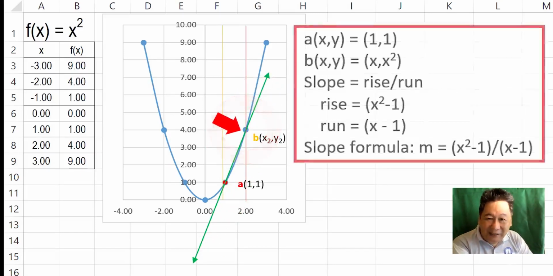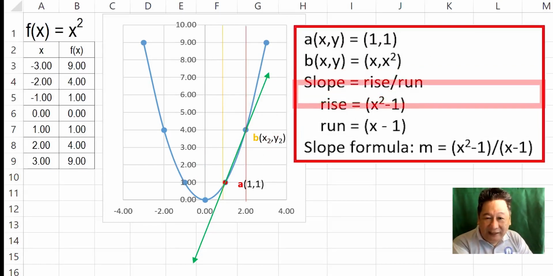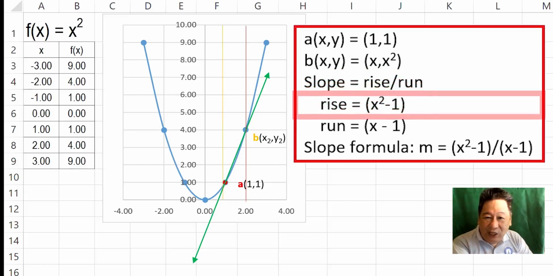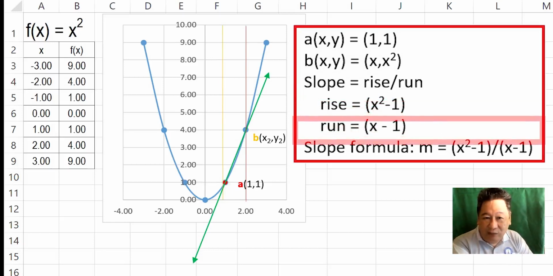Yes, by using the slope formula. m equals rise over run, where the rise is equal to the difference of the y of point B and the y at point A, which is 1, and the run is x at point B minus x at point A, which is 1.